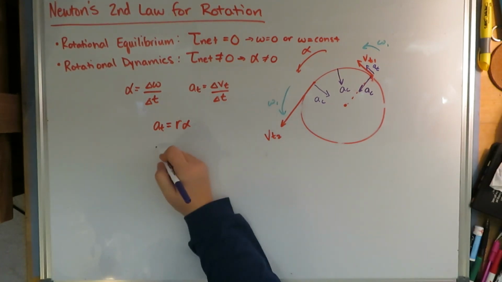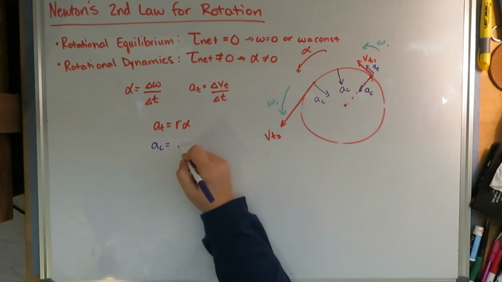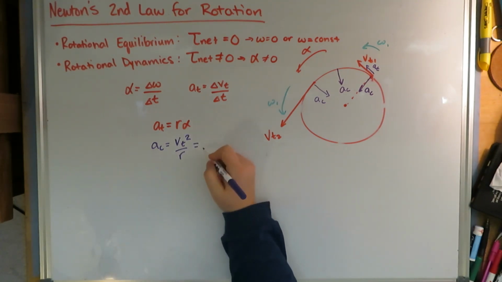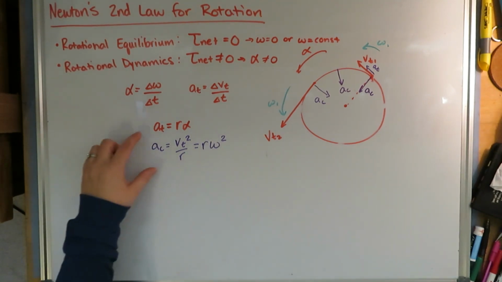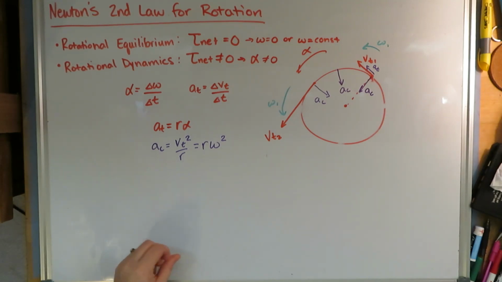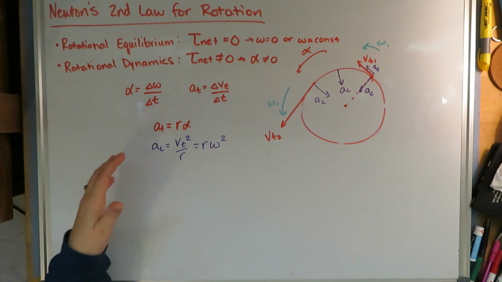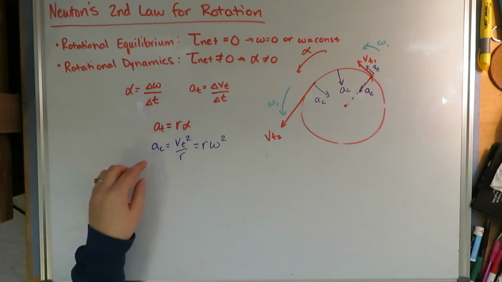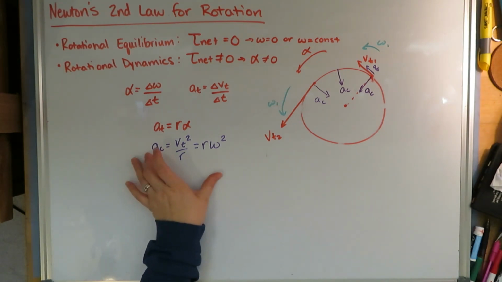Your centripetal acceleration was equal to vt squared over r, which if you substituted in for angular variables would be r omega squared. So tangential acceleration and centripetal acceleration are different. If you're changing directions, your centripetal acceleration must be present.